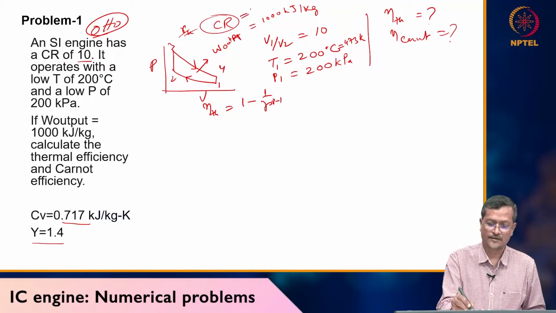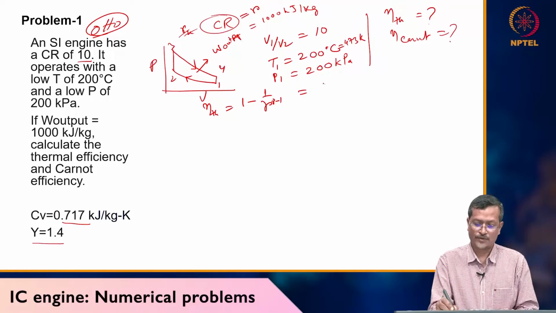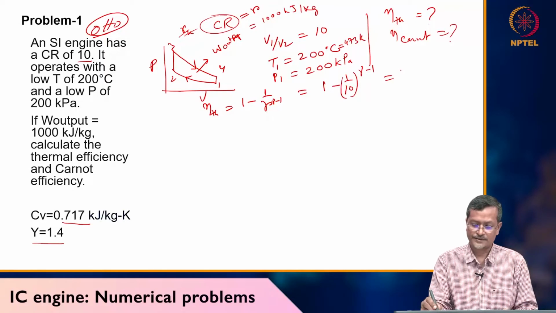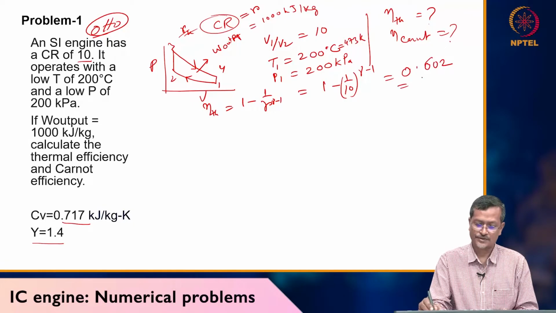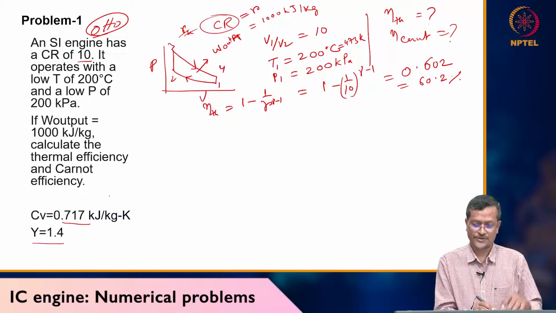So 1 minus 1 by 10 to the power gamma minus 1, where gamma is 1.4. The value will come to 0.602, or 60.2%. Directly, this formula was discussed in the previous lecture.